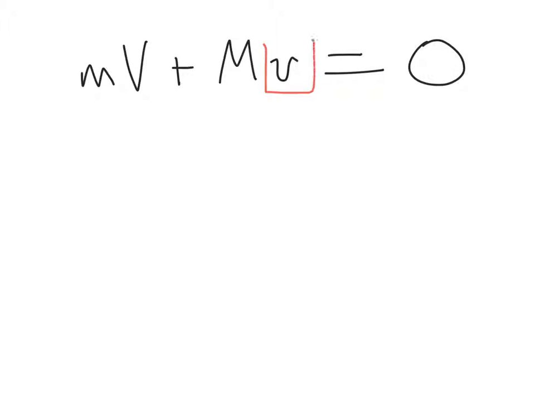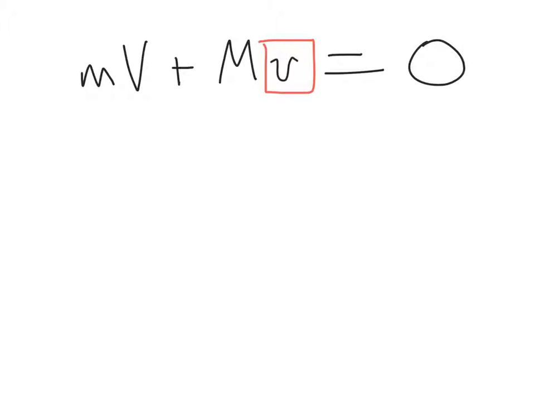We want to find the velocity of the gun after the bullet is fired. And so we know the mass of the gun, we know the mass of the bullet, and we know the velocity of the bullet, so we can do some algebra and solve for this little v.